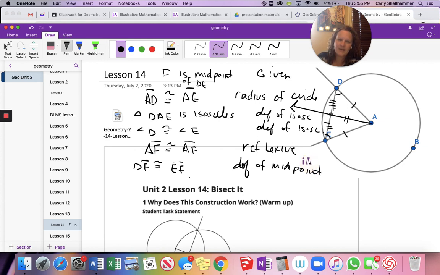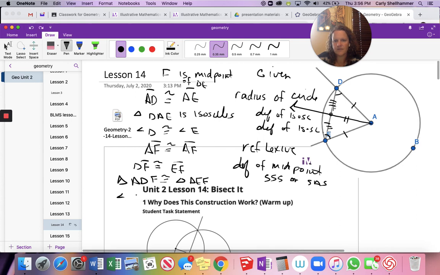Cool. Now I can say that triangle ADF is congruent to triangle AEF. And I can use either side, side, side or side, angle, side. Doesn't matter, does it? Cool. Now, once I've said the triangles are congruent, I can say that angle DAF, can't read that, can you? DAF is congruent to angle EAF, CPCTC.